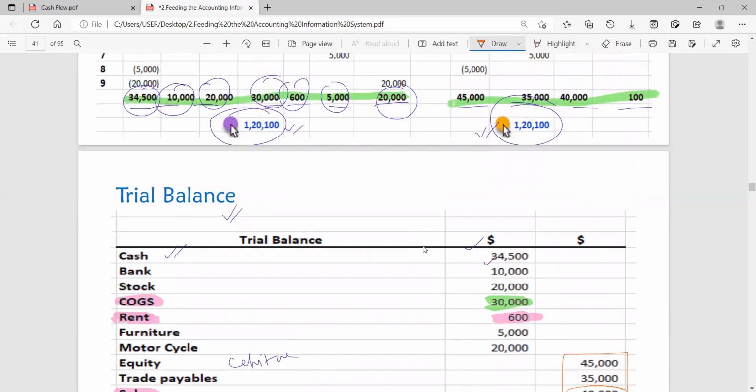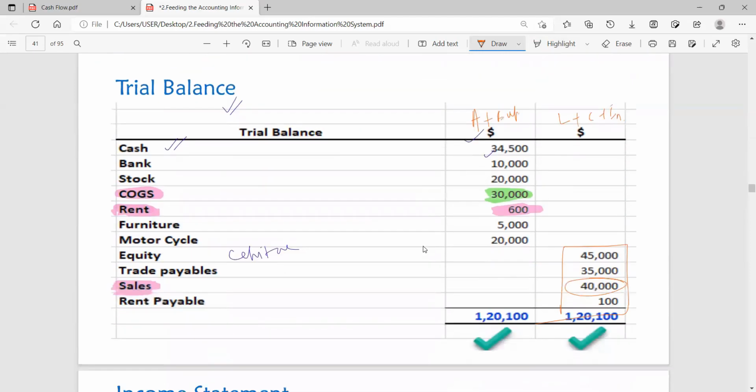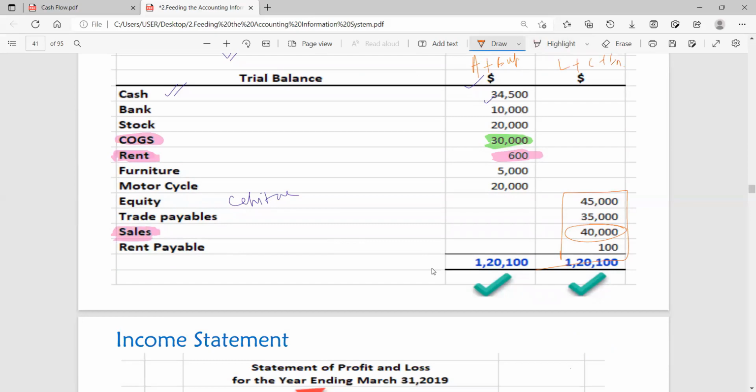This is asset plus expenses, and this is liability, capital, and income. So income is taken in the income statement or profit and loss statement, and we have also taken equity or capital. The rest would be our liabilities.